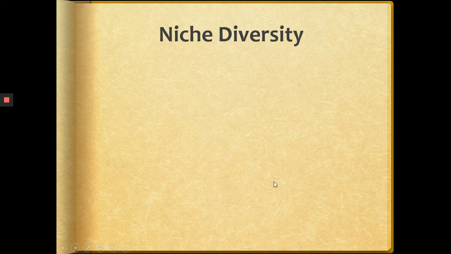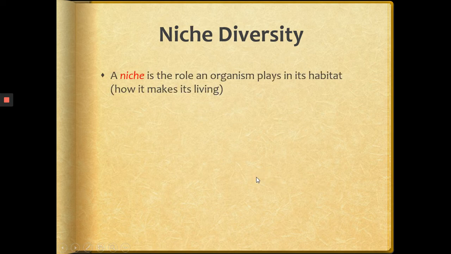And then finally, over on page 375, we talk about niche diversity. A niche is the role an organism plays in its habitat, essentially how it makes its living. Every single organism has a niche or plays a key role in how healthy a habitat is.